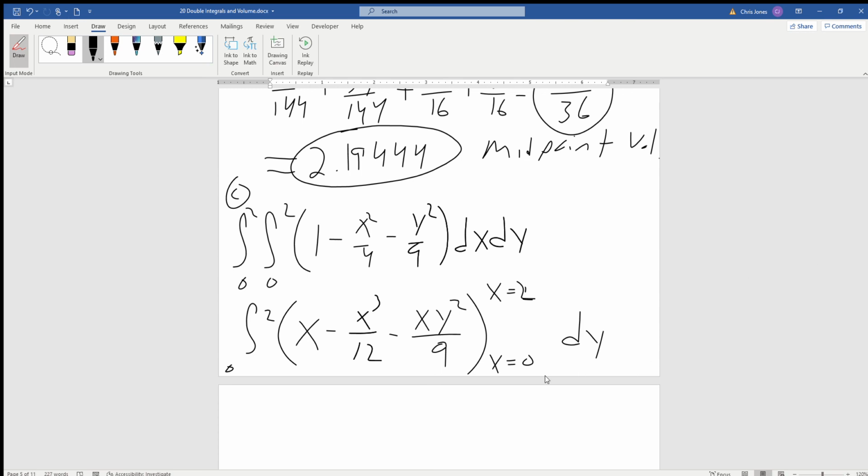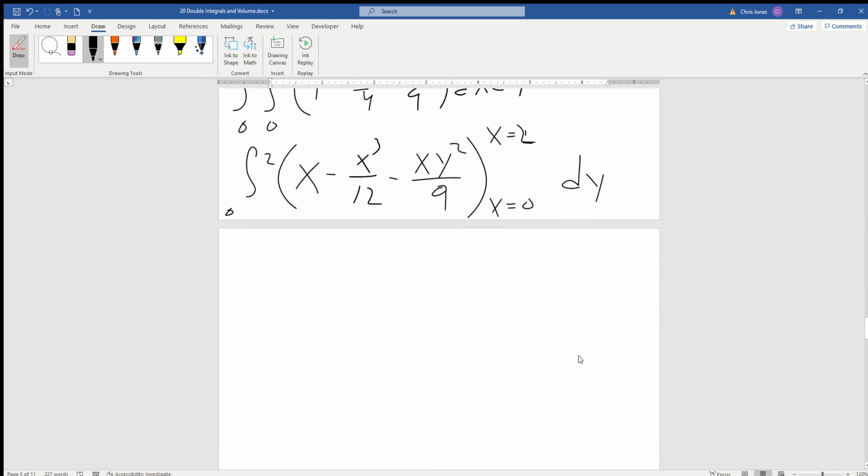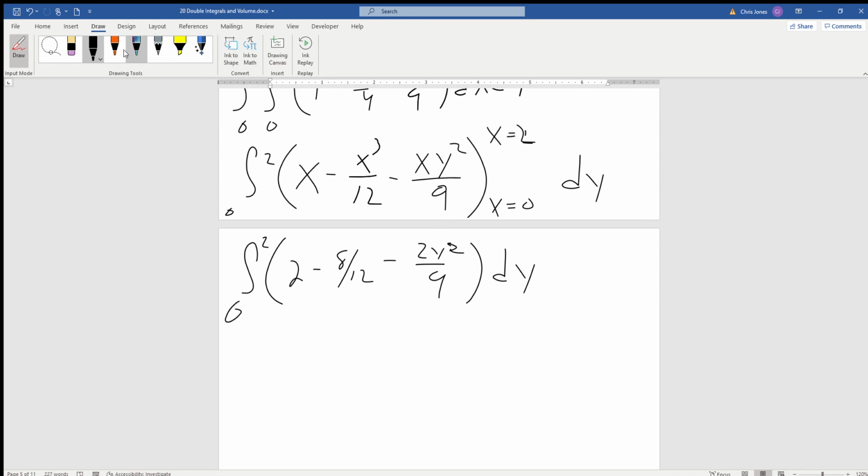We're going to substitute 2. The 0 just wipes everything out. So if we substitute 2 back in, we get the integral from 0 to 2 of 2 minus 8/12 minus 2y squared over 9, dy. And 2 minus 8/12, I believe, is 4/3, because we get 24 minus 8, which is 16/12, which should be 4/3.